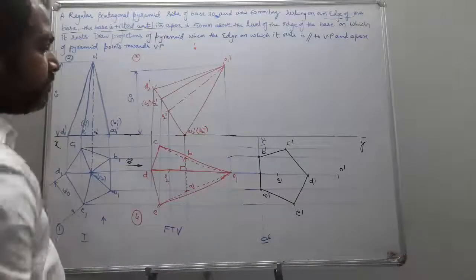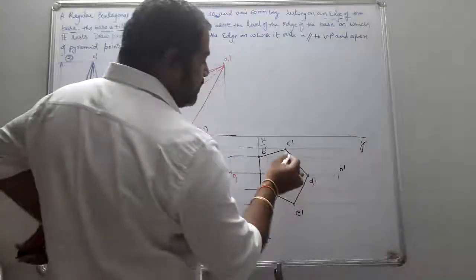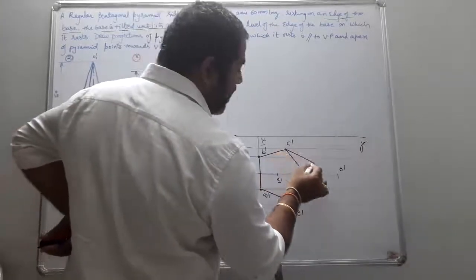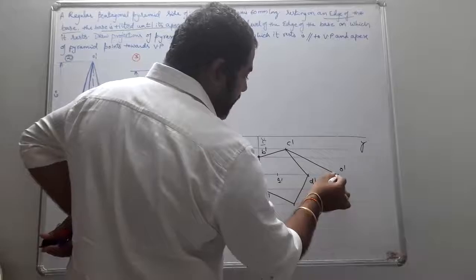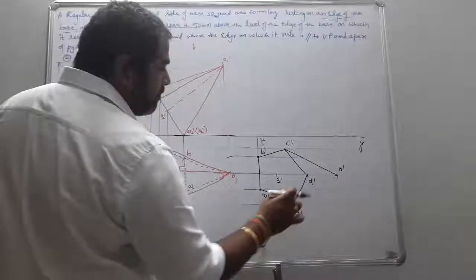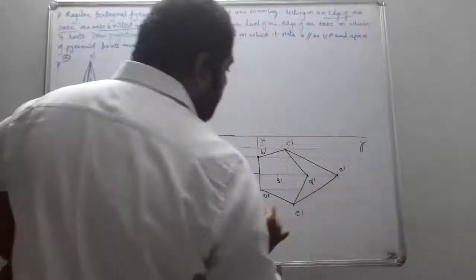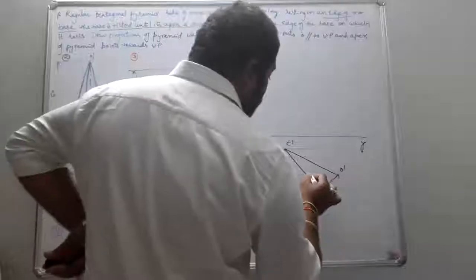Now let us join all the corners to the apex. C dash to O dash, no problem. E dash to O dash also. No problem. D dash to O dash also.